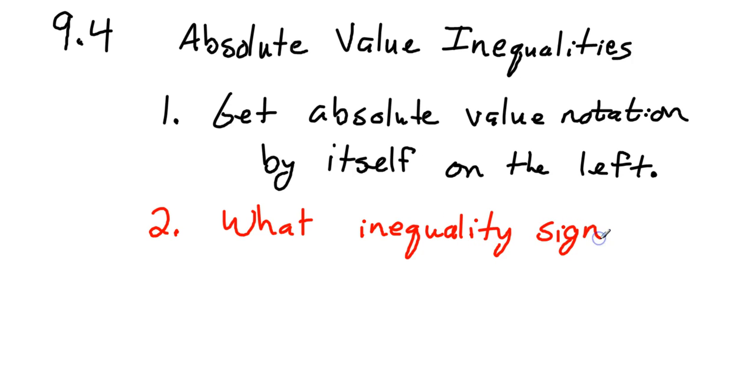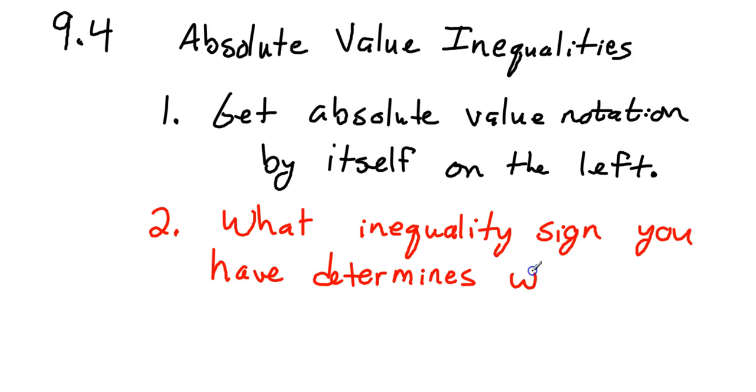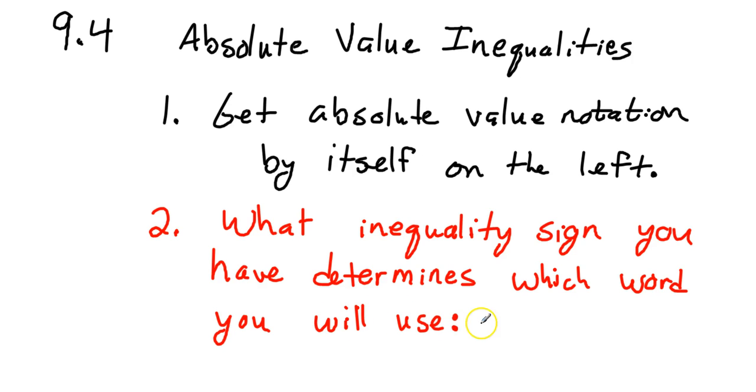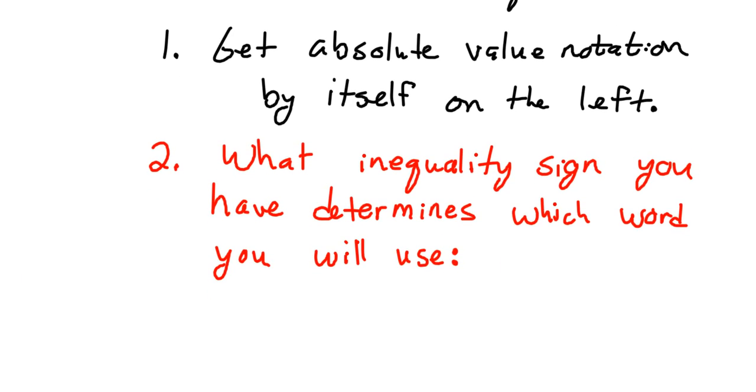Best way of saying it: what inequality sign you have determines which word that you're going to use. And if you go back to the inequalities we were doing back in 9.1, it's either an and statement or an or statement. So this one, it's all going to depend on which way you have.